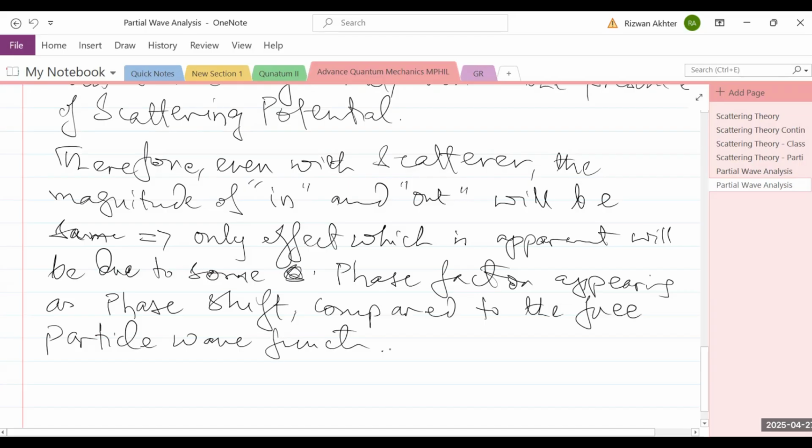One would expect that a particle scattered by a potential will have some radial part which is modified by this scattering effect.